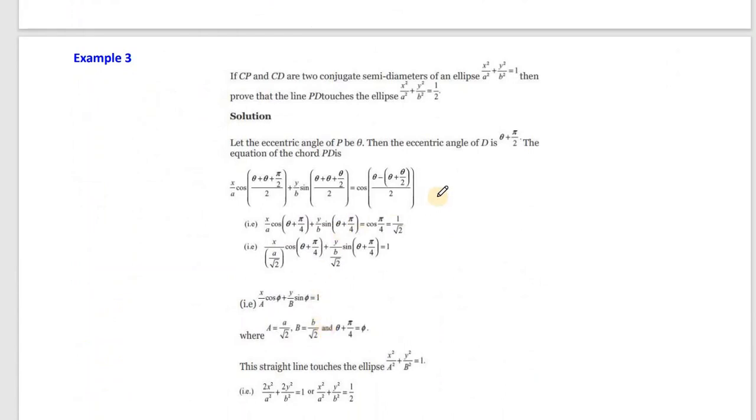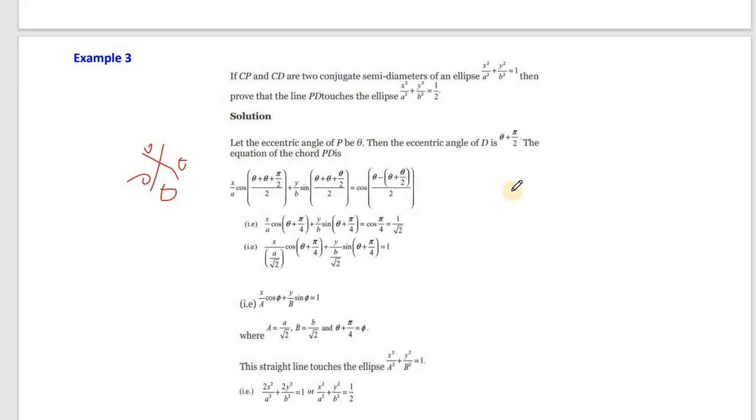So next is, if CP and CD are two semi-conjugate diameters of an ellipse, then prove that the line PD touches the ellipse. So such types of problems are very simple, and they can be asked in the exam. Let the eccentric angle of P and Q be theta and 90 plus theta.